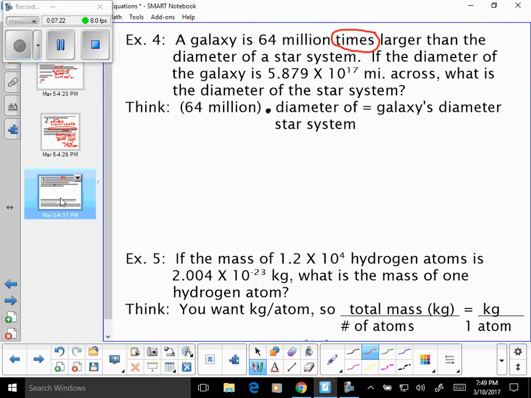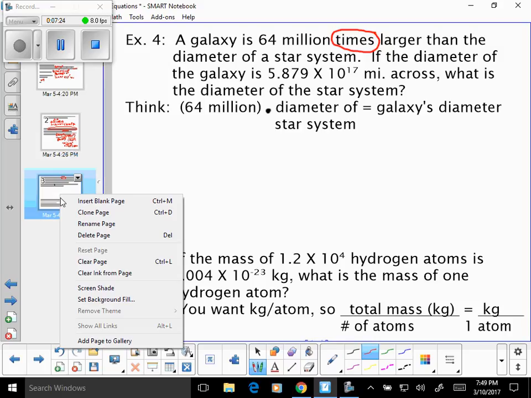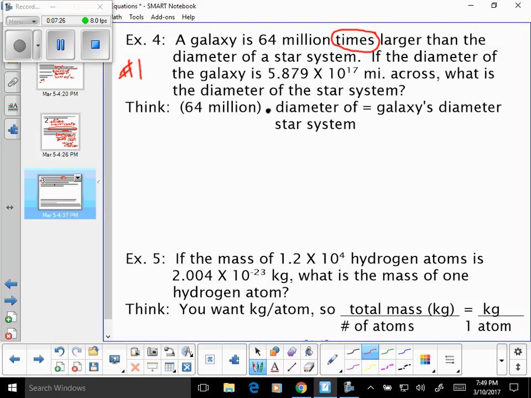Example 4 is very much like number 1 on our assignment. A galaxy is 64 million times. Well, there is your key clue word. 64 million times larger than the diameter.